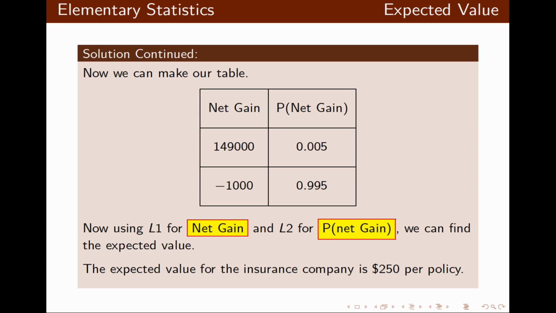And that net gain means the insurance company is making $250 per policy of this kind. Now I will show the last example on a TI, how to do it, and I'm hoping that this presentation will help you understand how to do expected values.